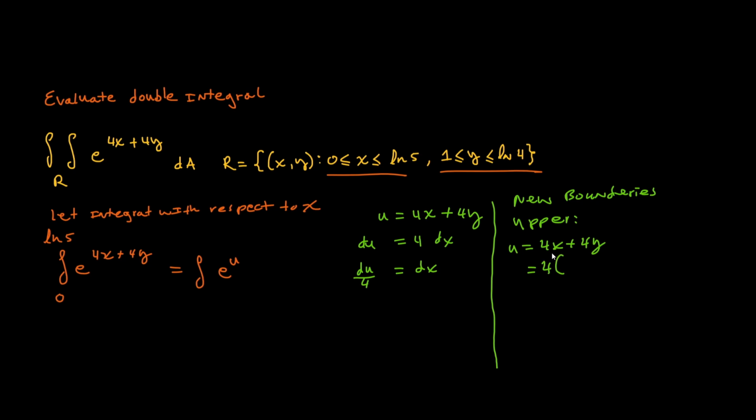So x is natural log 5 plus 4y. Equals, well, all right. So we found our upper limit. Now let's find the lower limit.